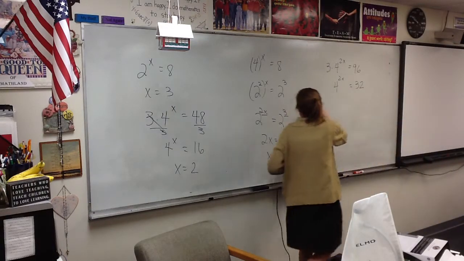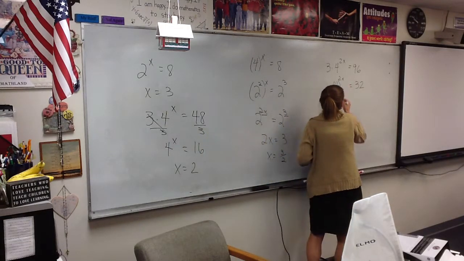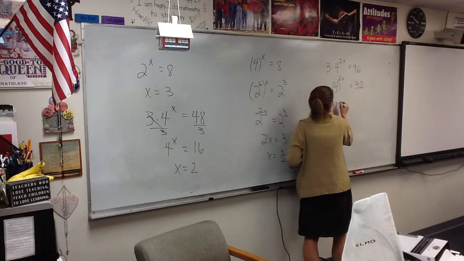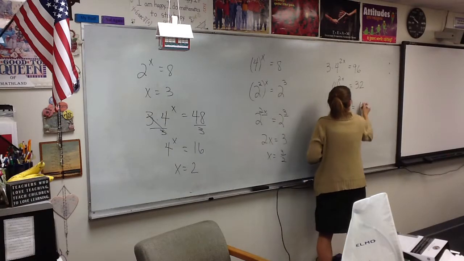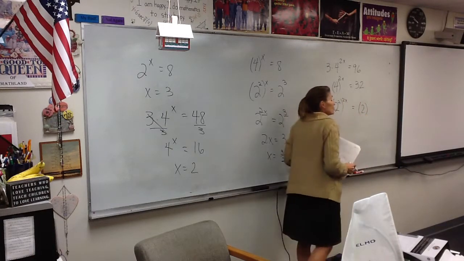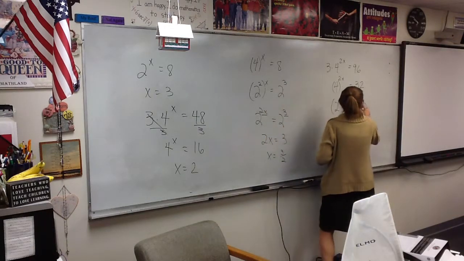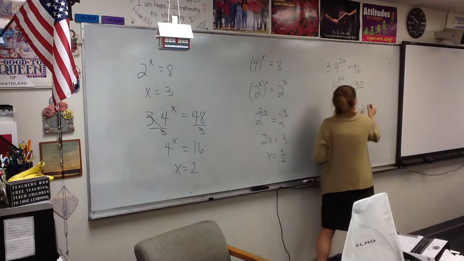So we're going to have to do what we did over here. Can we rewrite 4 as a power of 2? 2 squared. What about 32? Can we write 32 as a power of 2? Yes, thank you, Jordan. 2 to the 5th.